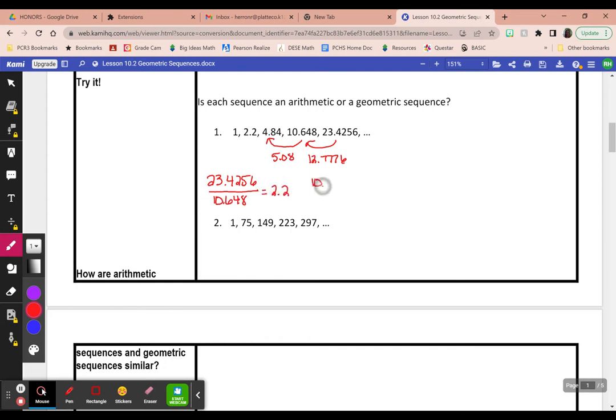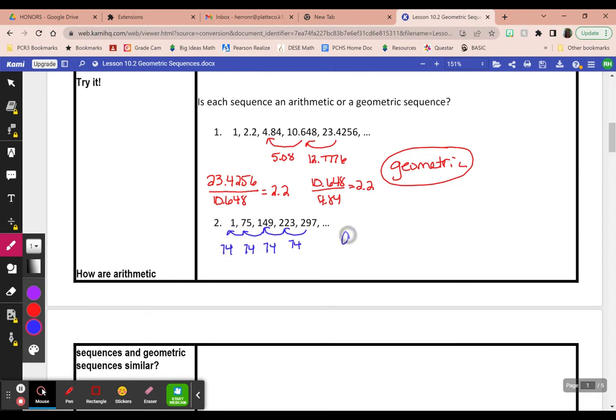And then if you do 10.648 divided by 4.84, you get 2.2 again, and so forth. So this one would be geometric because it has a common ratio. Okay. And then last one, same thing. So if I subtract here, 297 minus 223 gives me 74. Subtract here gives me 74, 74 again, and 74 again. So this is arithmetic, and your common difference would be 74.